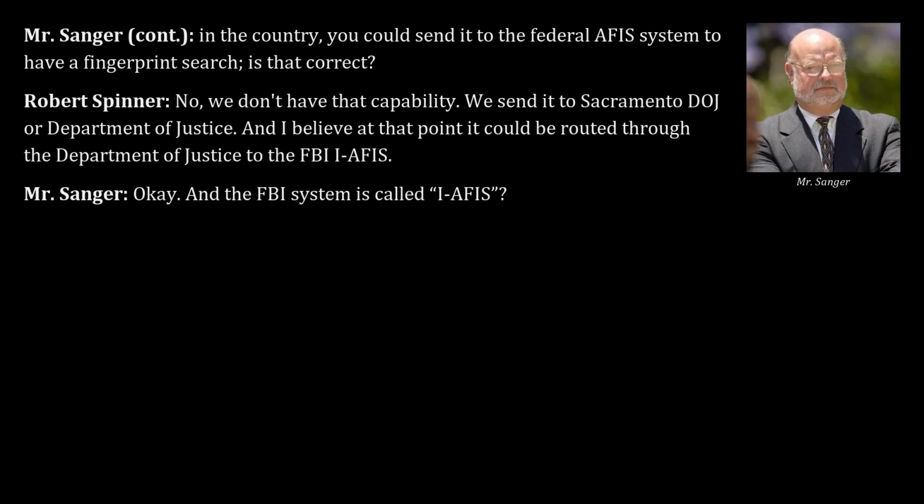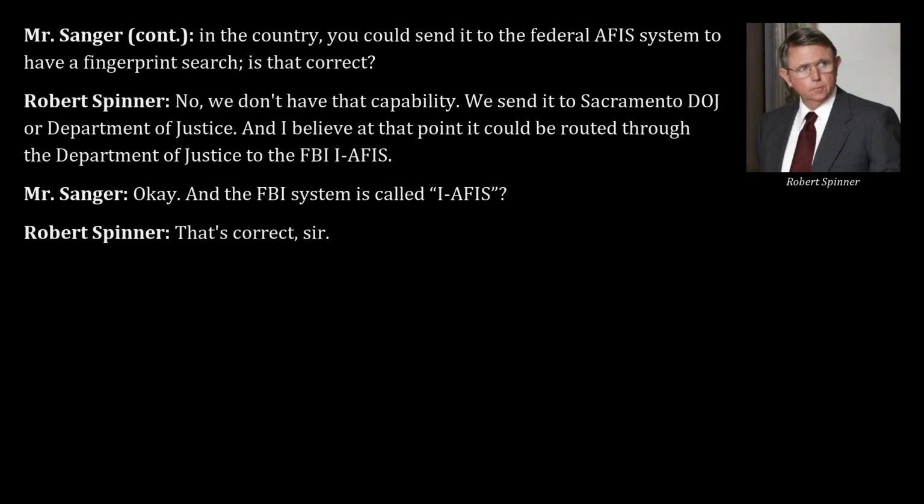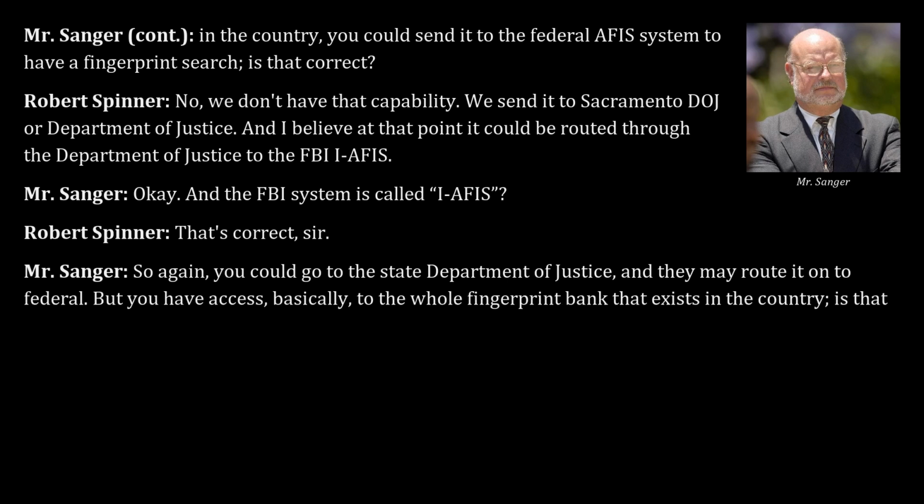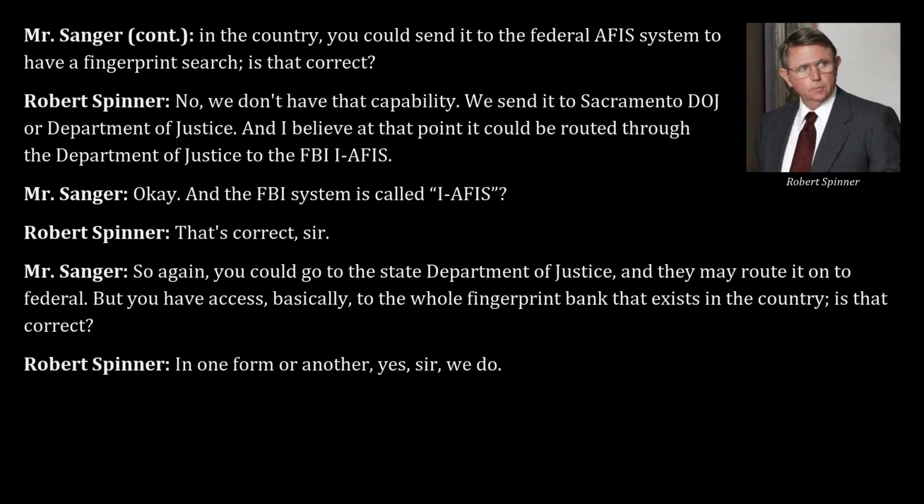Okay, and the FBI system is called IAFIS. That's correct, sir. So again, you could go to the State Department of Justice, and they may route it onto federal. But you have access, basically, to the whole fingerprint bank that exists in the country. Is that correct? In one form or another, yes, sir, we do.